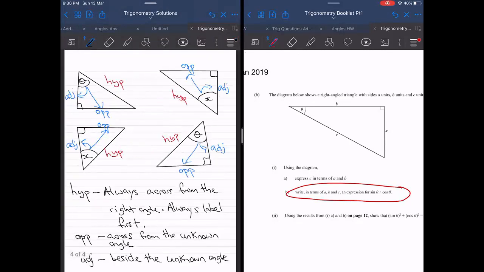So you have to know how to label those sides. The hypotenuse, you want to label it first, and it's always the side across from the right angle. Then you have two sides left. One will be extremely close, one will be far.